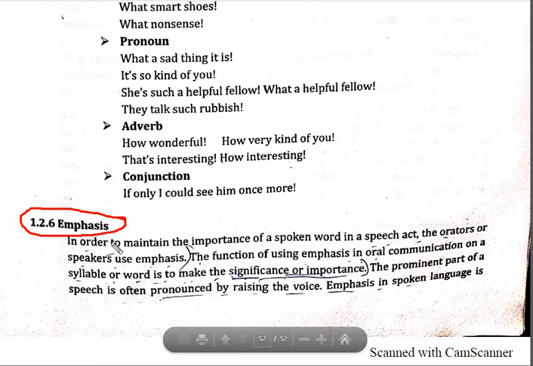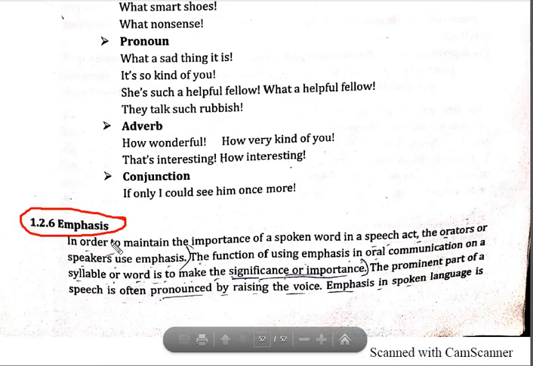In order to maintain the importance of spoken word in a speech act, I already told you there are, how many acts are there? There are 3 acts of speech. In assertion we have discussed this: locutionary, illocutionary and perlocutionary. Now this is the importance of spoken word in a speech act.